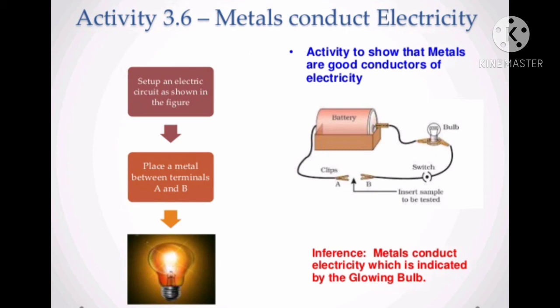So the bulb will glow as you see in the activity, because metals allow the electricity to pass through them. That's why they are called good conductors of heat and electricity. That's why it is always told to use wood or wear rubber slippers while touching sockets, so that shock is not produced, because they are bad conductors and do not allow heat and electricity to pass.